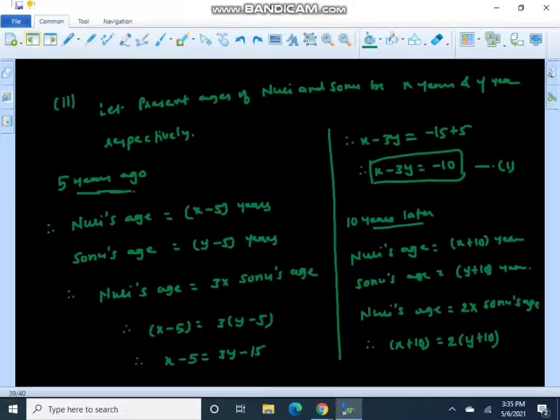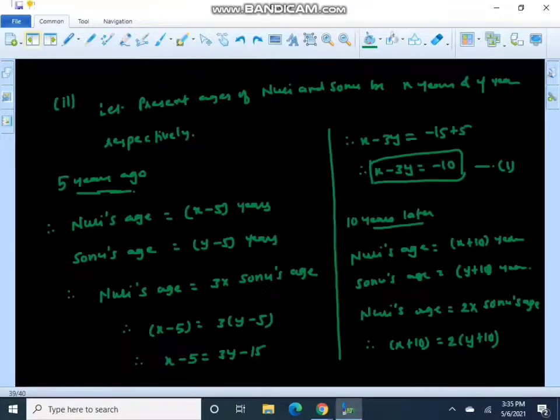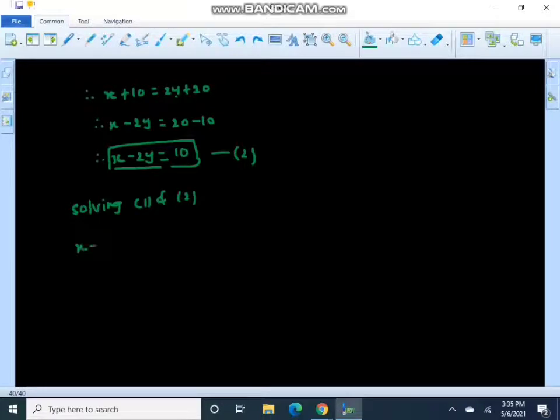Okay, now solving 1 and 2, since the x term is already equal, we will solve directly. Solving 1 and 2. What is the first equation? x minus 3y is equal to minus 10. This is equation 1.